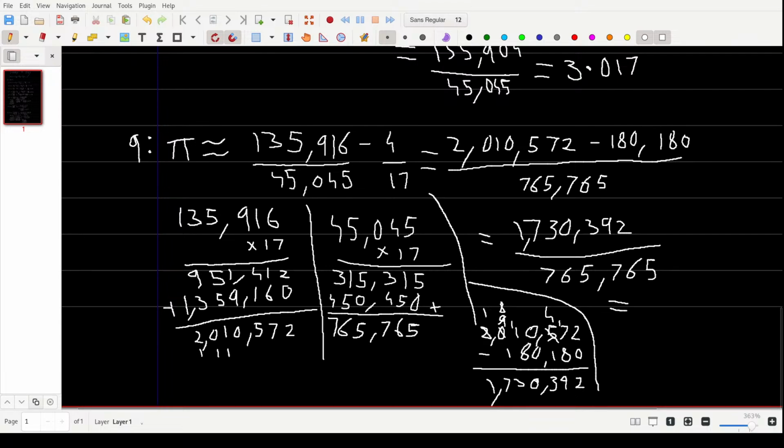And then we do equal to, let's use the calculator, let's see. 1730392 divide by 765. That is not right. What did I do wrong? That is completely off.